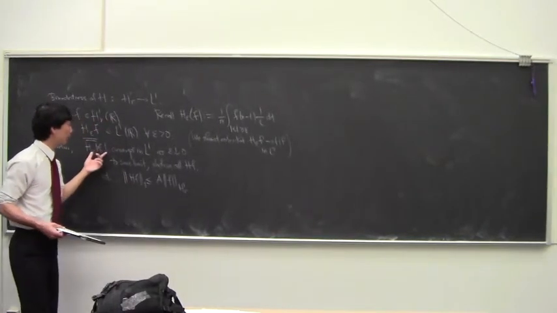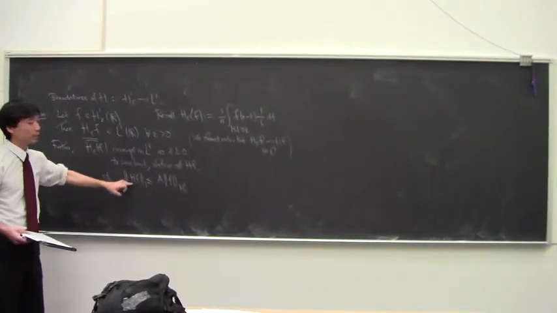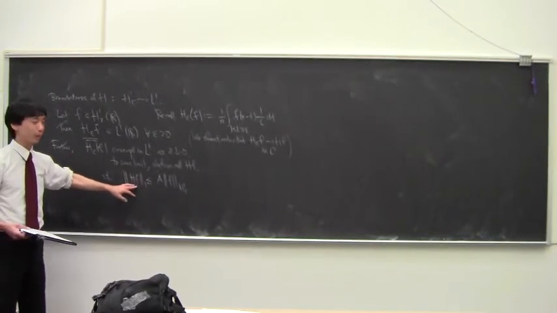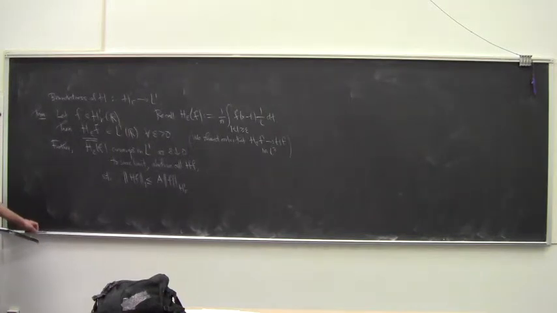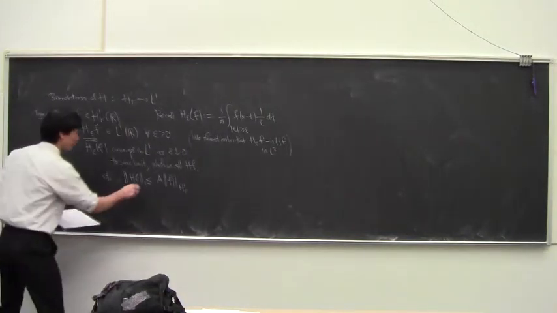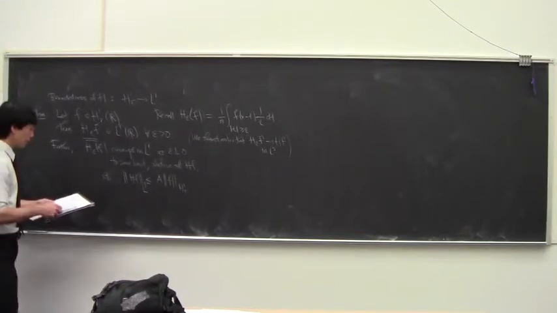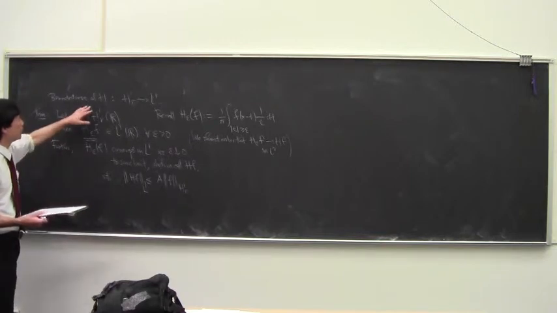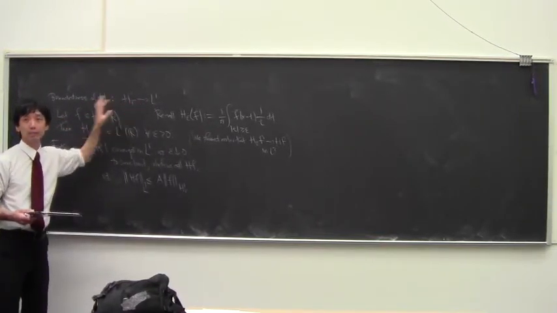If we look at the behavior for F in H1, they converge to something that we call the Hilbert transform, and that thing is bounded from H1 to L1. Okay. So it's in this sense that the Hilbert transform is bounded from H1 into L1.